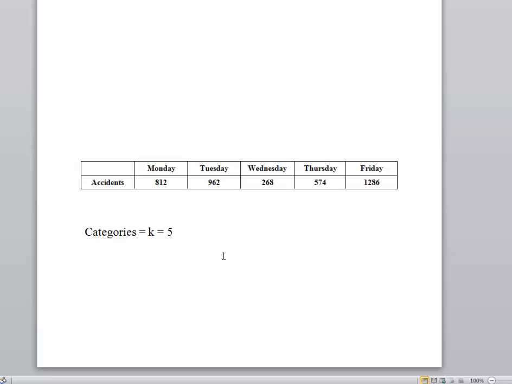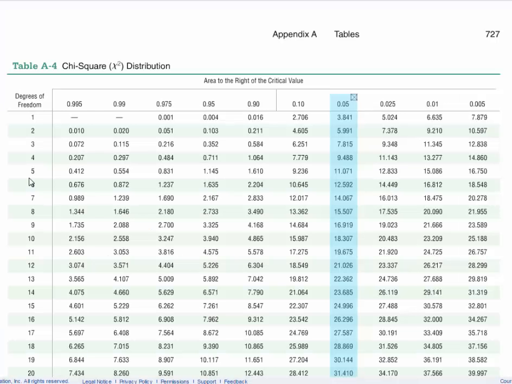So 5 different days, and we'll get degrees of freedom equal to k-1 or 4. So our critical value for this particular test would be, for 4 degrees of freedom, critical value 9.488.